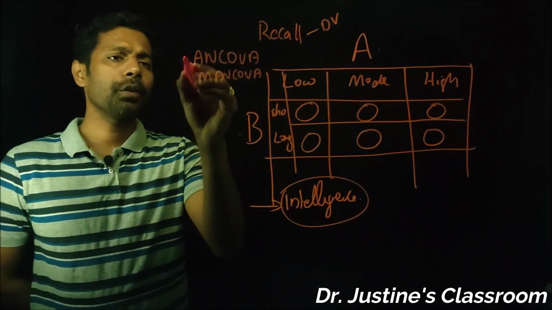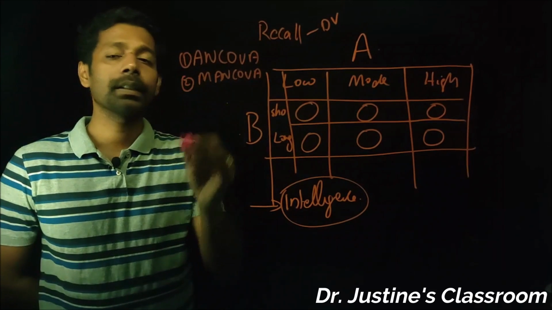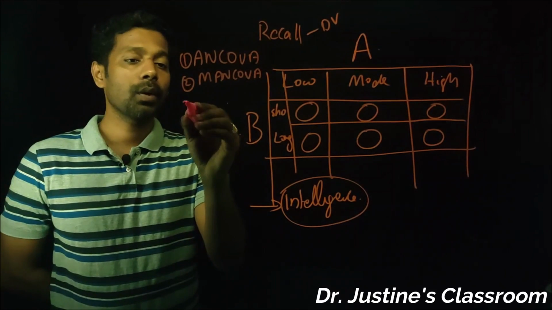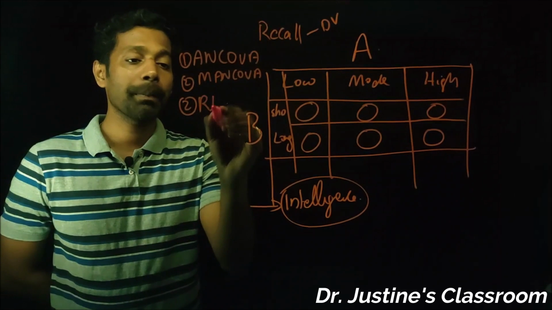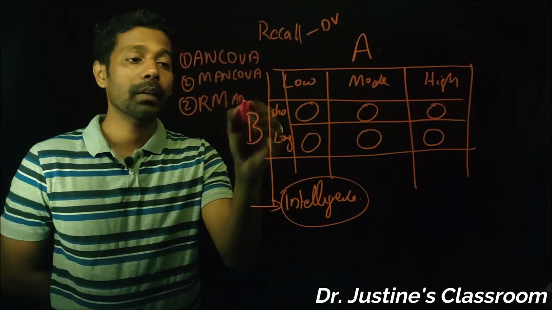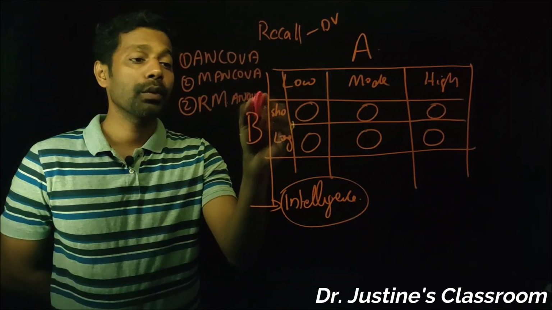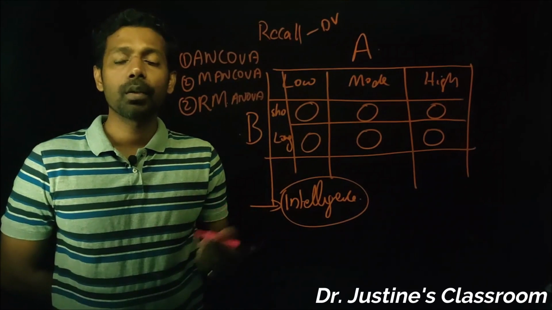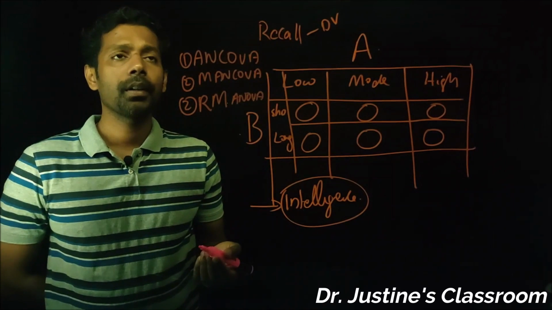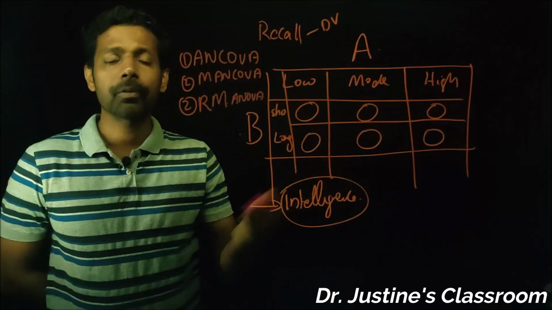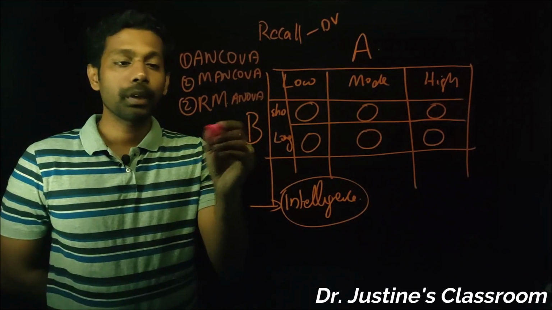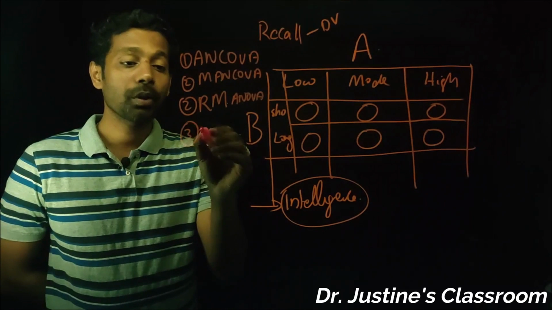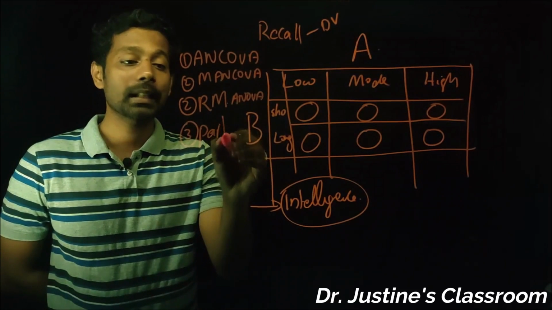Now what if you are trying to do this with a within group design? This all can be done with RM ANOVA, repeated measures ANOVA. This also can be used if you are using a within group design. What if you are using a correlation design, whereas this is a clear-cut experiment? Then you can use a method called partial correlation to control extraneous variable.